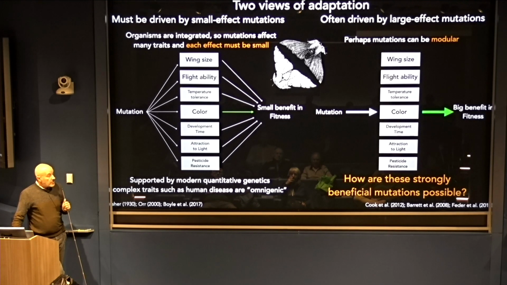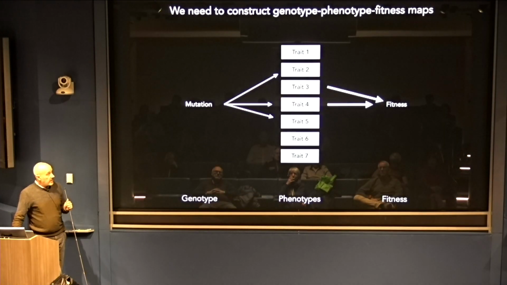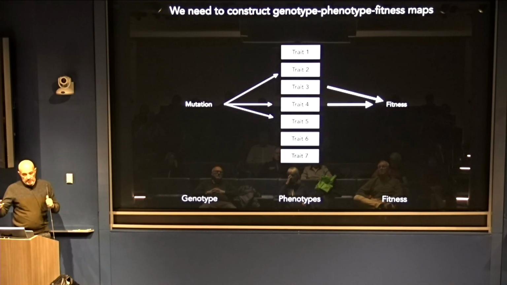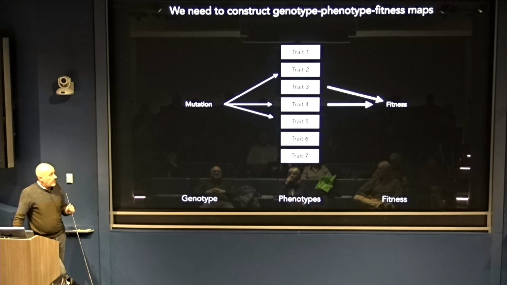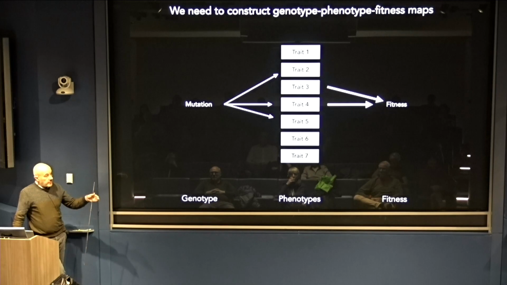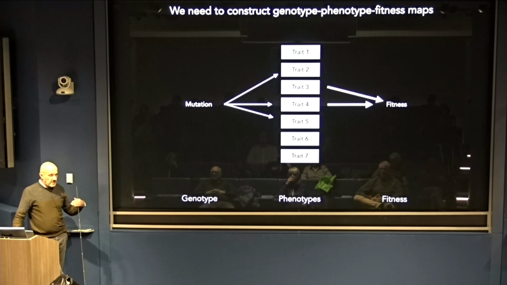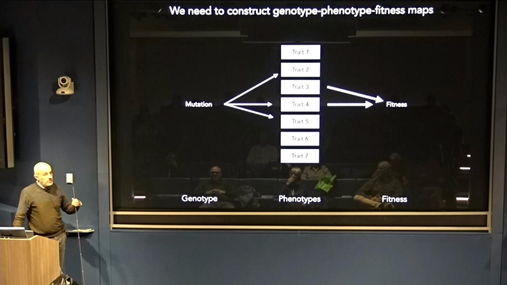All right. So that's the basic theoretical sense of it. And so the question is, how do we move forward, and how do we start thinking about it? One thing we need to do is to somehow build more of these maps from genotype, from mutation to phenotype to fitness, to try to really assess how mutations move phenotypes in real organisms and how they affect fitness.